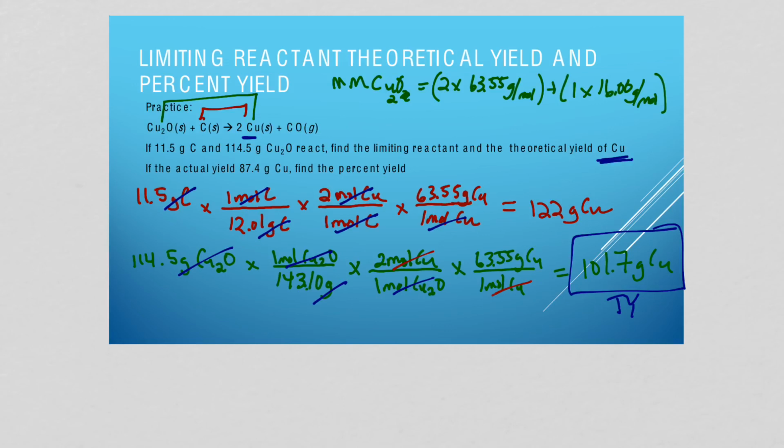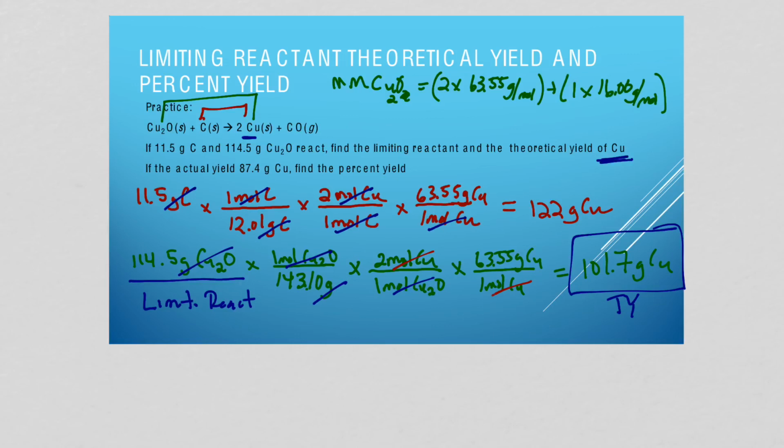So after I make 101.7 grams of copper, my copper oxide runs out, right? That's the maximum I can make. So that means my copper oxide here is my limiting reactant in this particular problem. So the copper oxide is my limiting reactant, and 101.7 grams of copper is my theoretical yield.